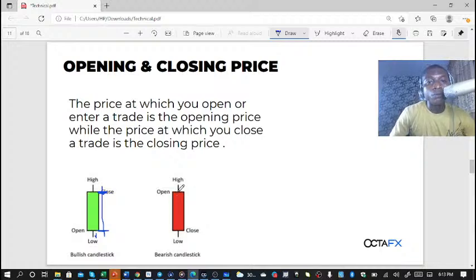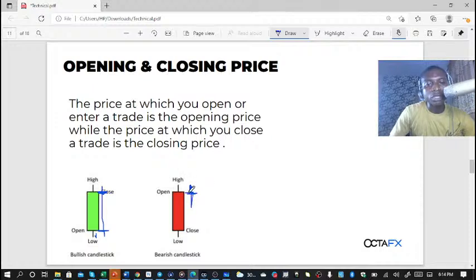Now for the bearish candle, it opened above. It was pushed up, could not sustain up here, then was pushed down to this level, and closed at this level.